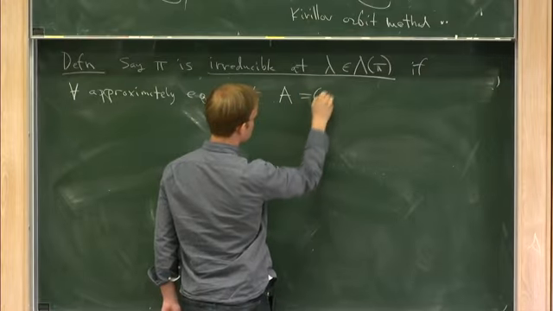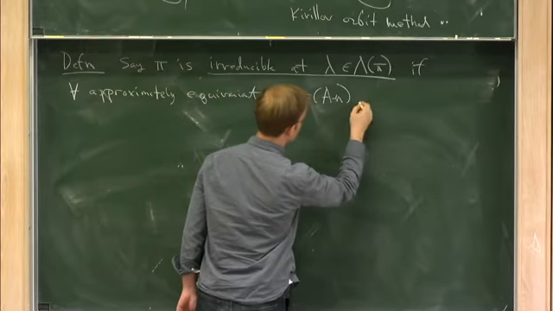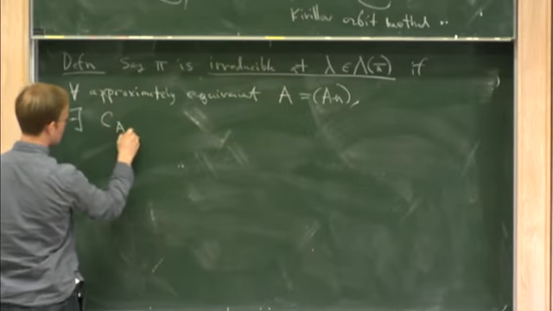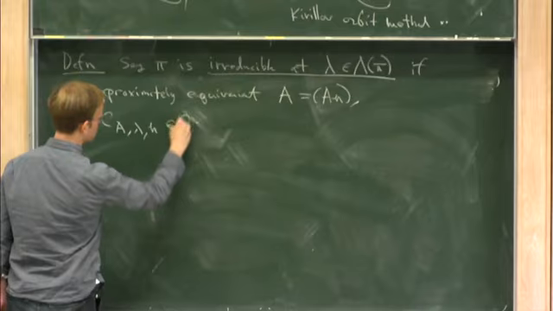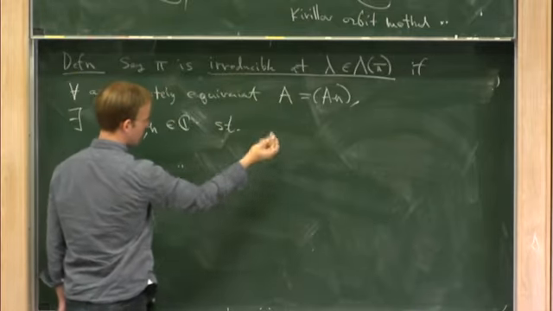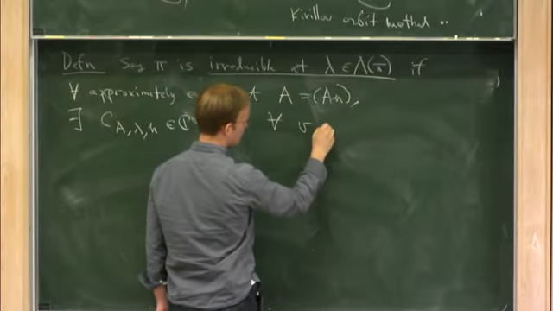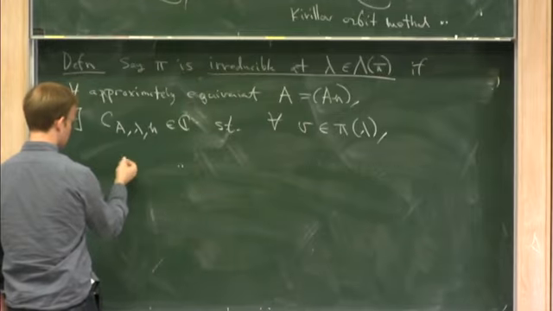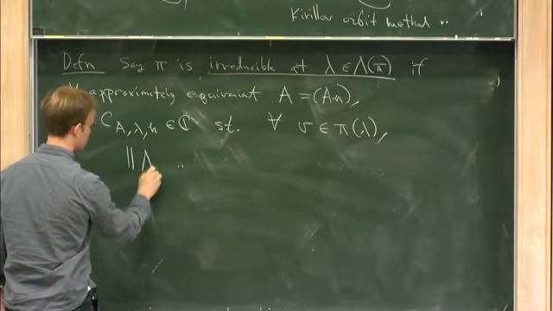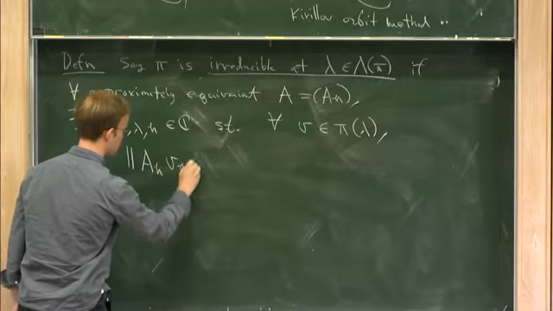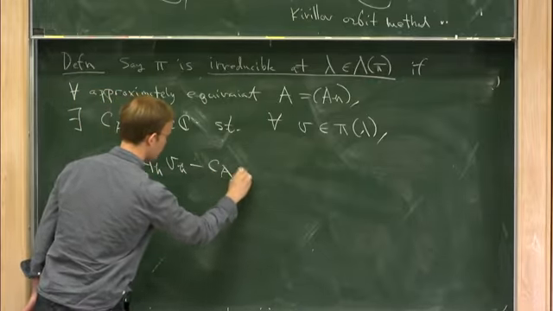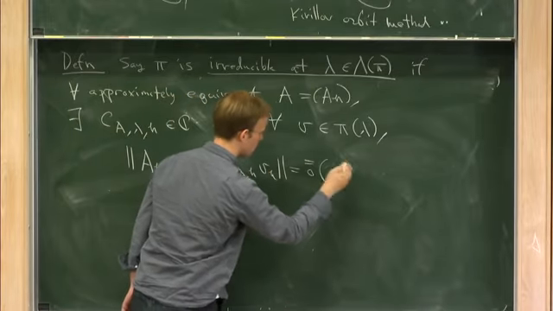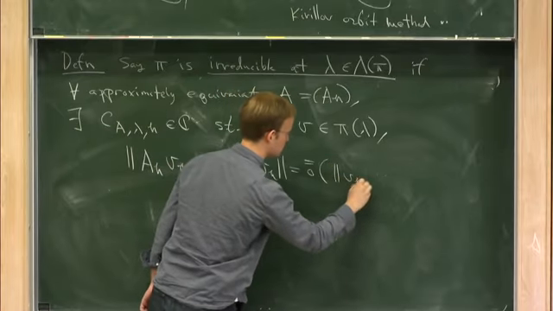So here we'll take all approximately equivariant operators, and we'll ask that there exist scalars, we'll call them c_A lambda h, such that for all v in pi lambda, the following identity holds: A_h v_h minus c_A lambda h v_h should equal little o of the norm of v_h.